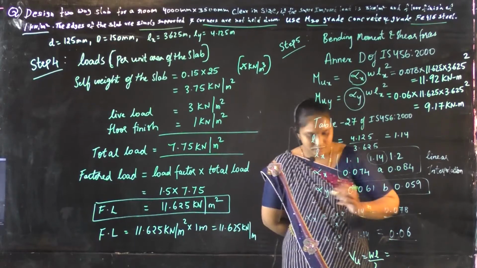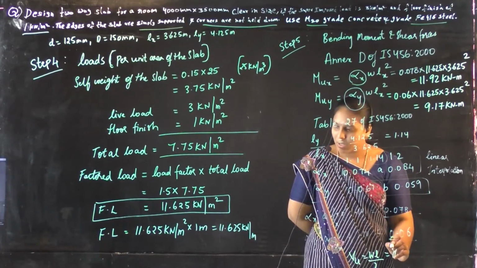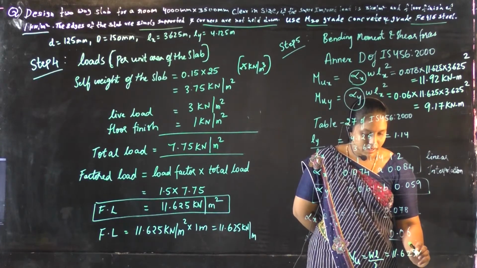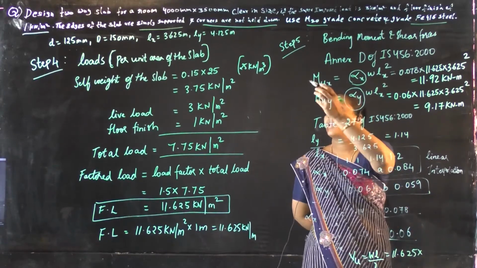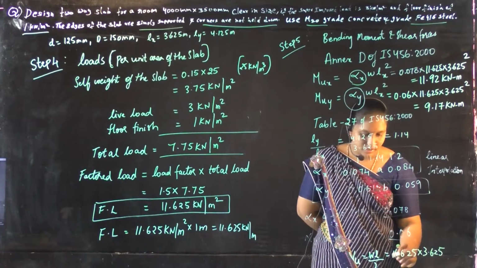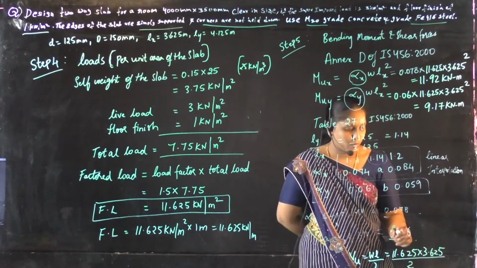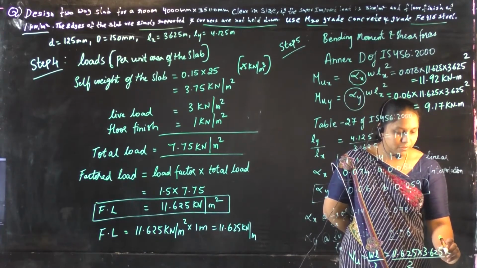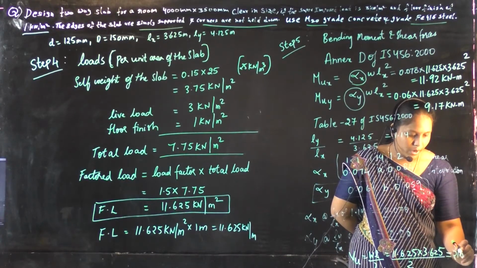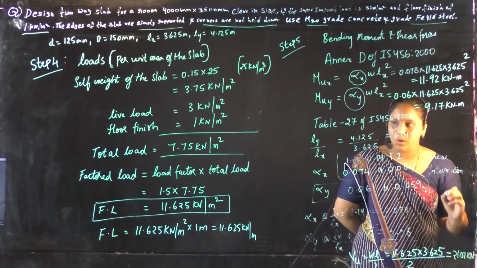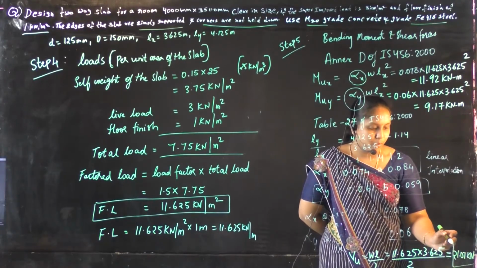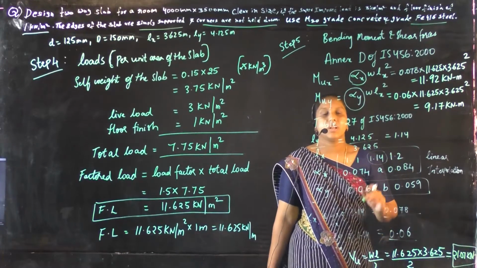W here is nothing but the factored load, which is 11.625, into L. L here is the shorter span, which is 3.625, divided by 2, which will give you a value of 21.07 kilonewton. So the Vu value is 21.07 kilonewton.